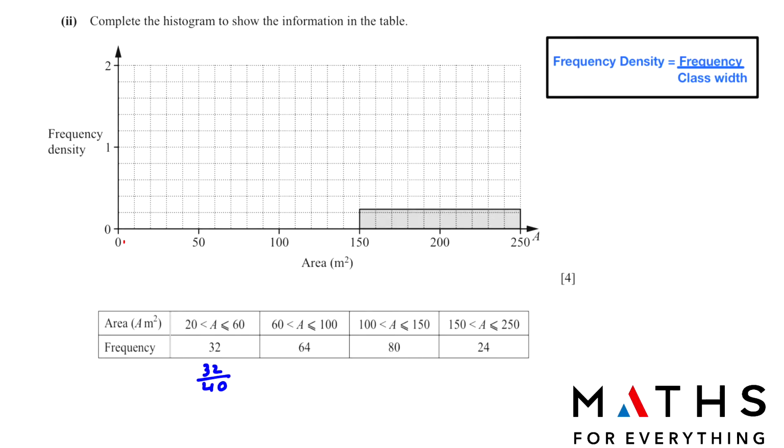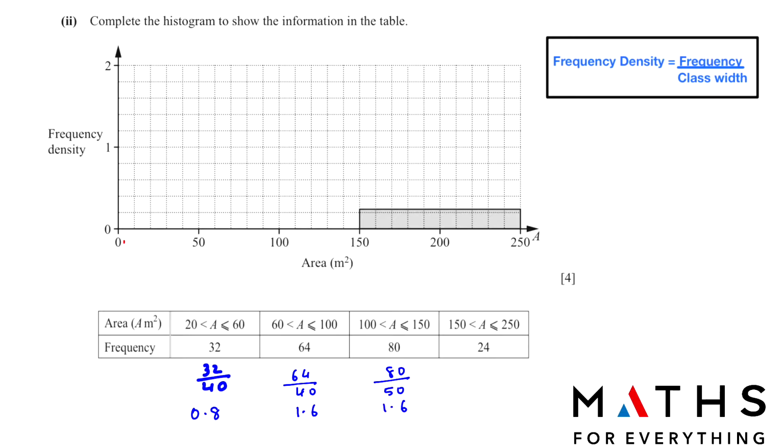That will give us 0.8. For the next column, 100 minus 60 is 40. So 64 divided by 40 is 1.6. 150 minus 100 will give us 50. 80 divided by 50 will give us 1.6.